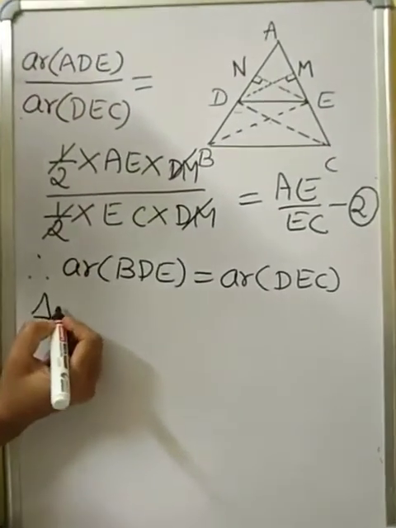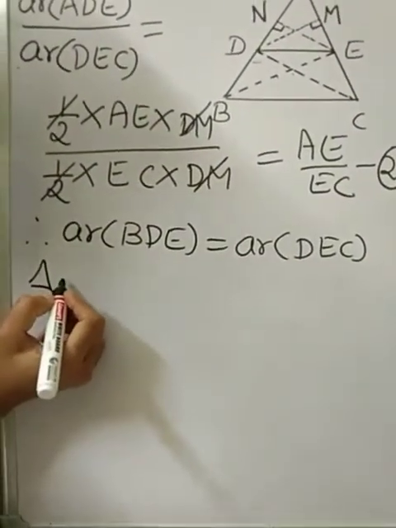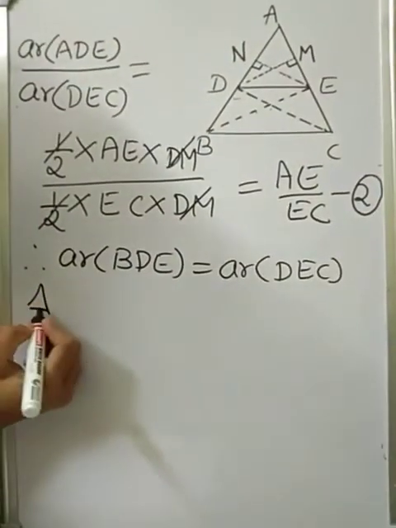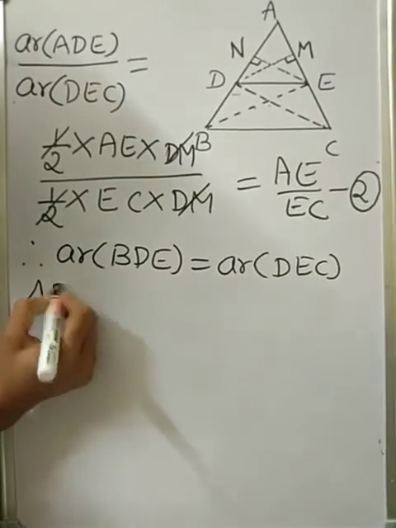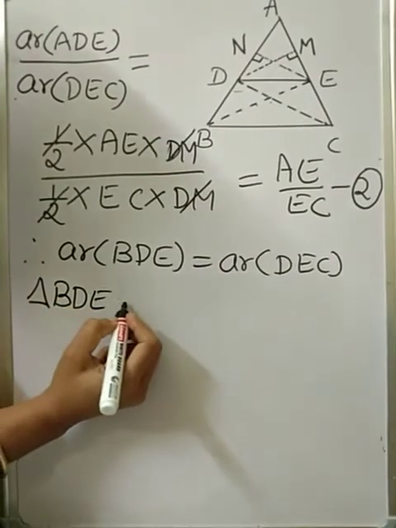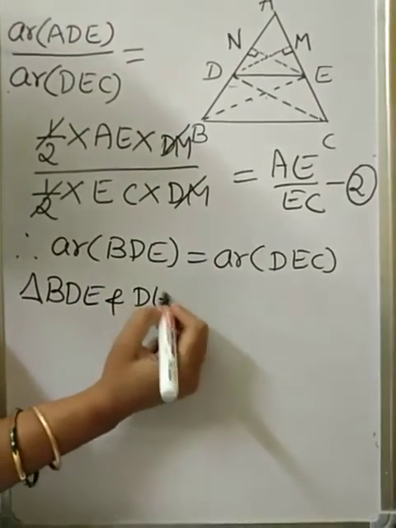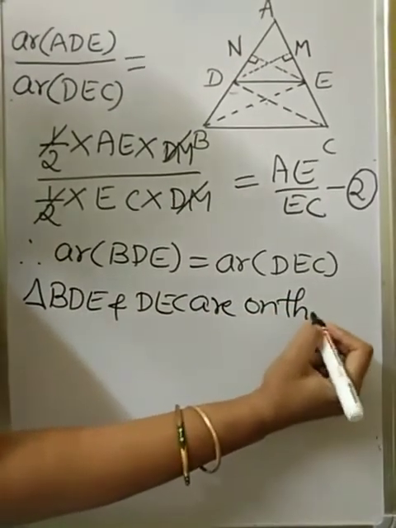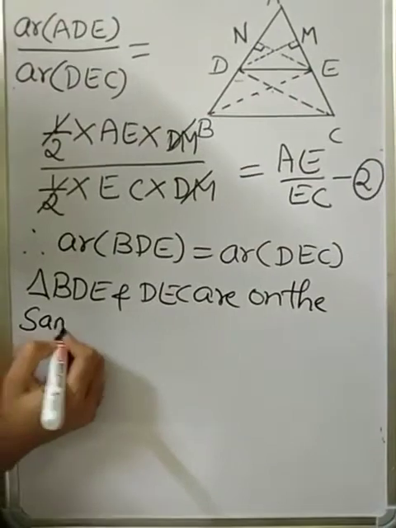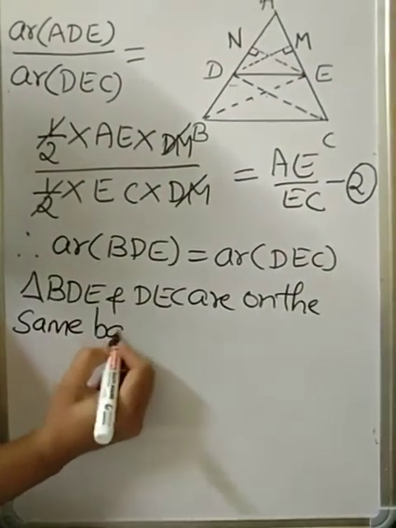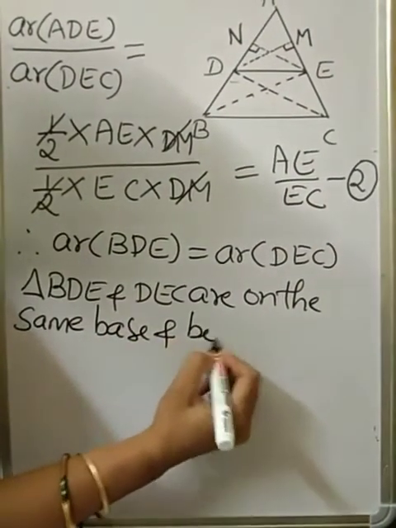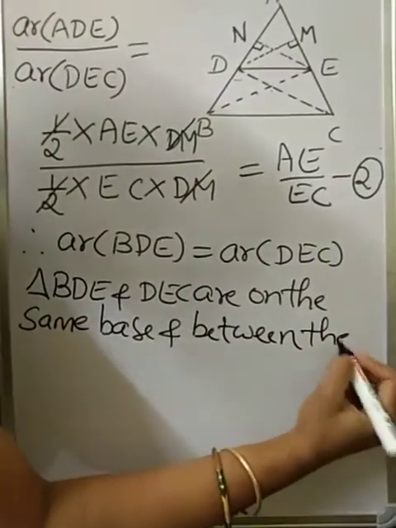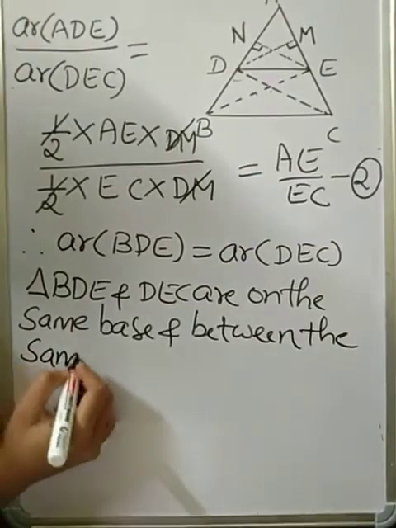So area of BDE is equal to area of DEC. The reason I am writing here is that triangles BDE and DEC are on the same base and between the same parallels.